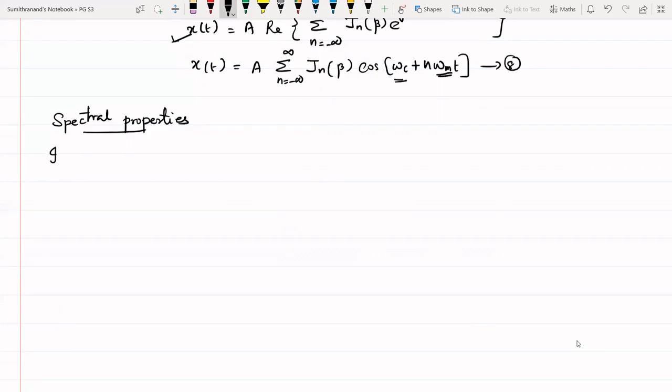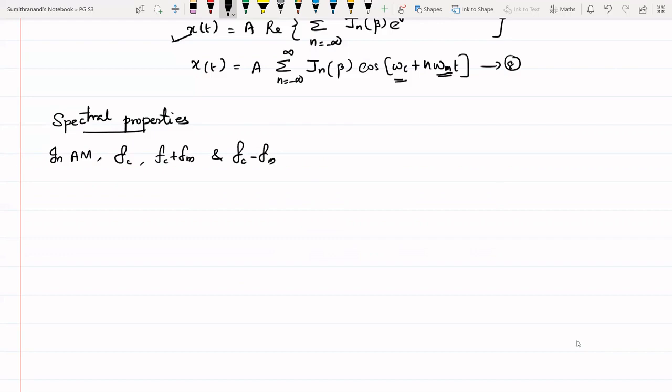So in amplitude modulation, the frequency components were Fc, that is the carrier frequency, then the upper sideband frequency Fc plus FM, and the lower sideband frequency Fc minus FM. This was the case in the amplitude modulation.